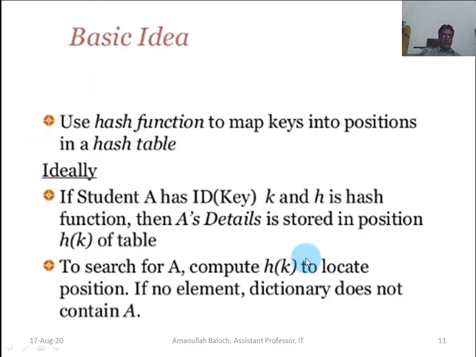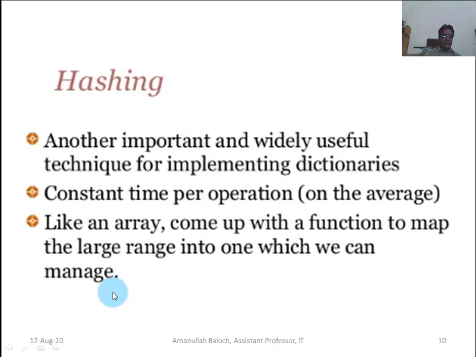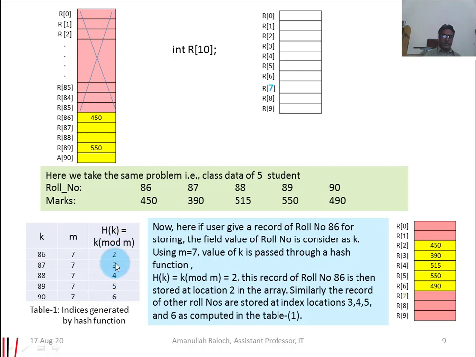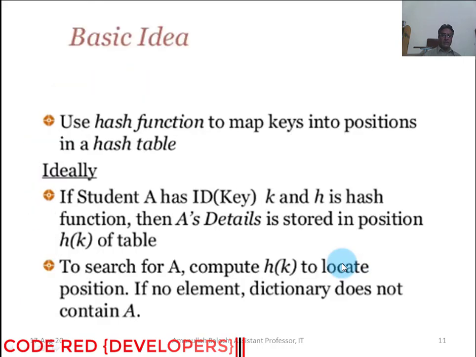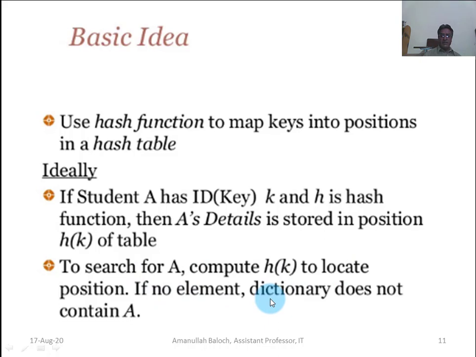So to locate the position, these were the positions of the array: 2, 3, 4, 5 and 6. To search for A, compute h of k to locate the position; if there is no element, the dictionary does not contain A.